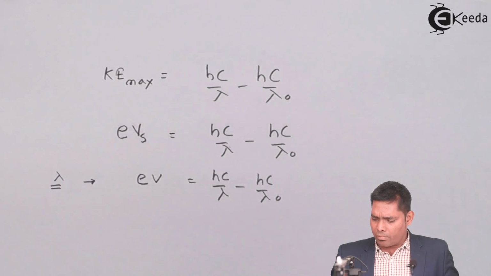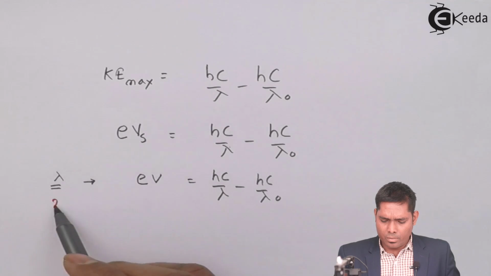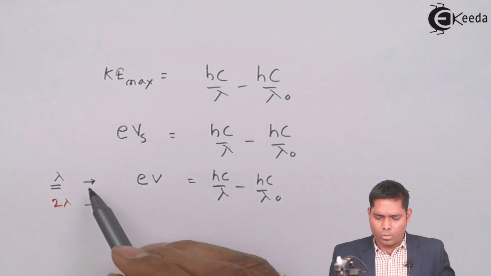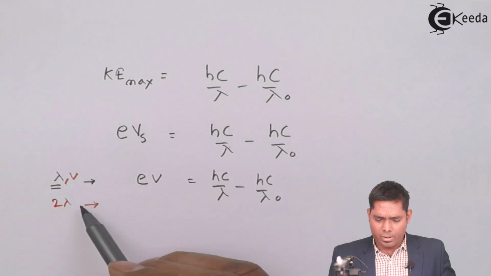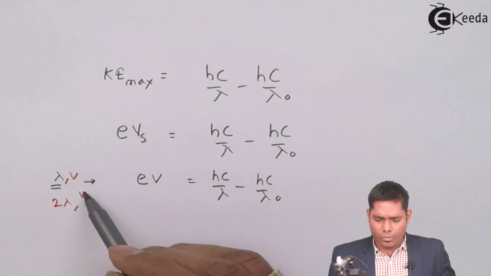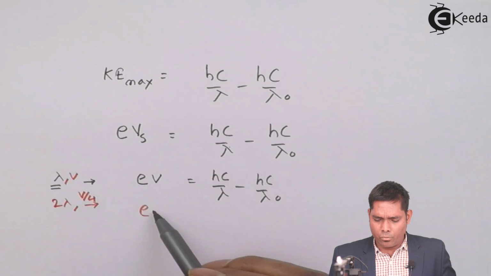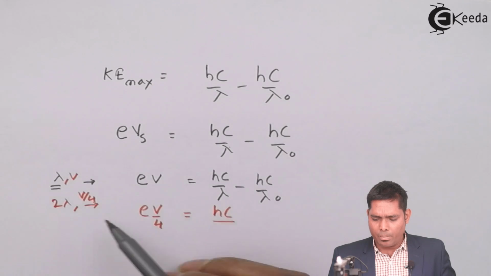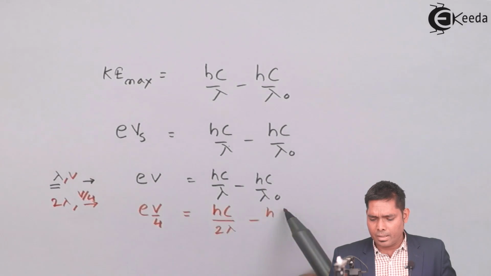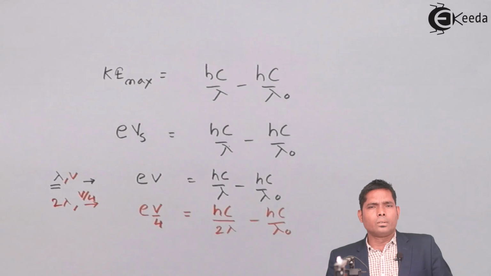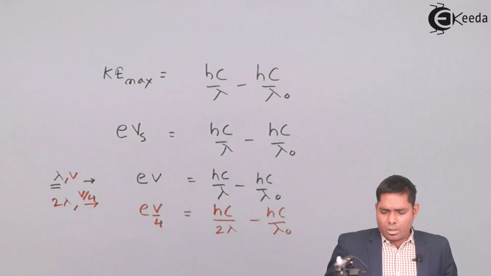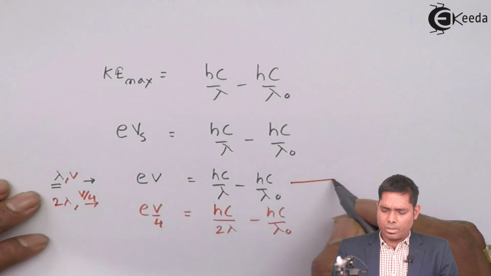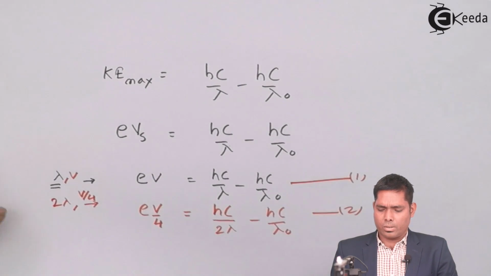For the second situation, when the wavelength is 2 lambda and the stopping potential is V by 4, it is eV by 4 equals hc by 2 lambda minus hc over lambda naught. So these are the two equations we are getting. Call them equation 1 and 2.